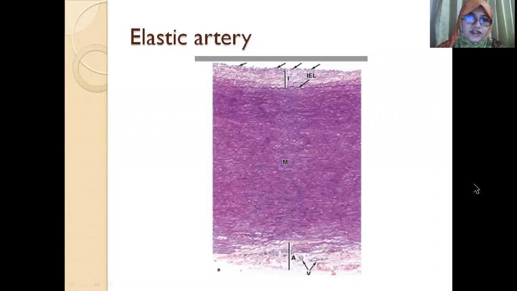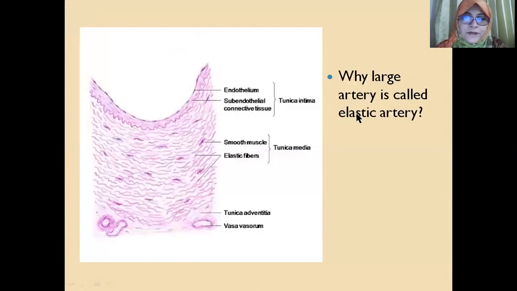There is an explanatory question, that is, why is a large artery called an elastic artery? The answer is, a large artery is called an elastic artery because in the tunica media, there are more elastic fibers present than smooth muscle cells.